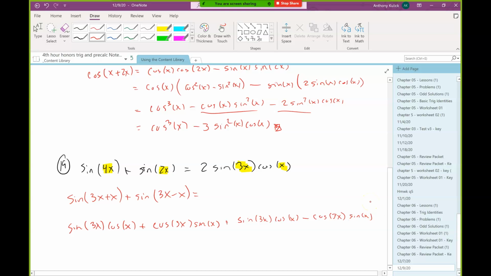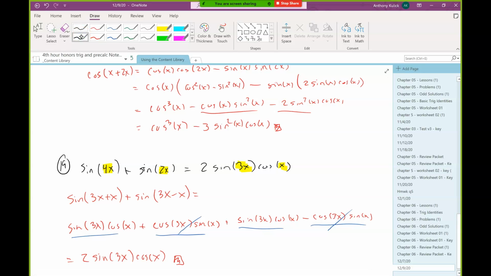And I noticed that these two are opposite signs, so those will just cancel out. And then those two are like terms, so I can just combine those together. And we're done.